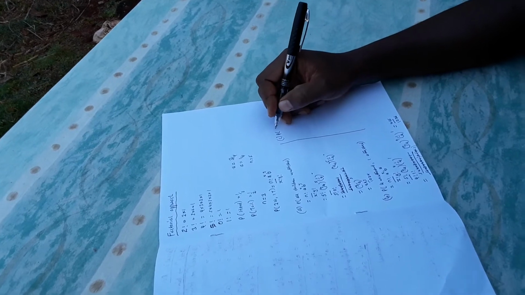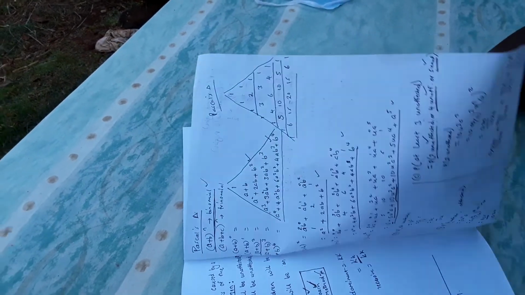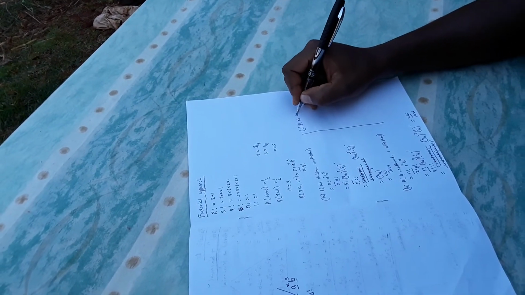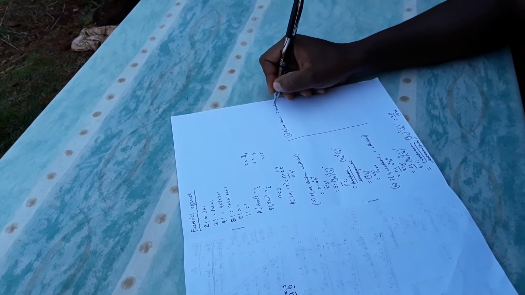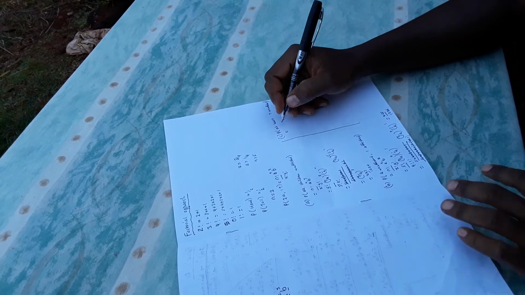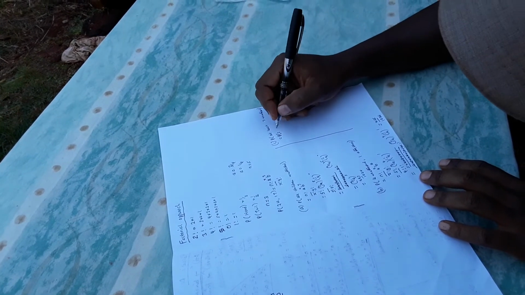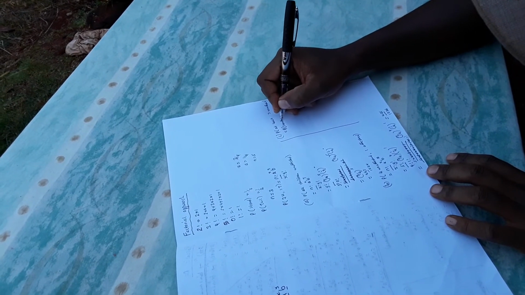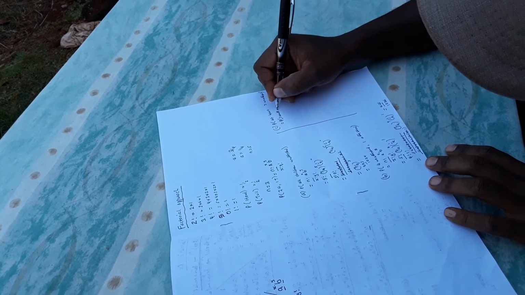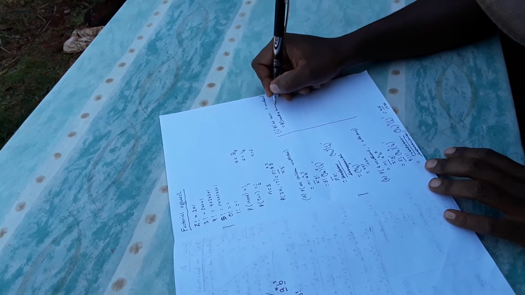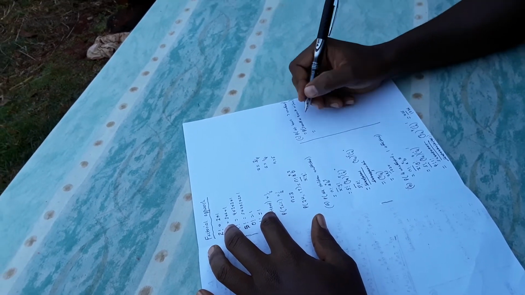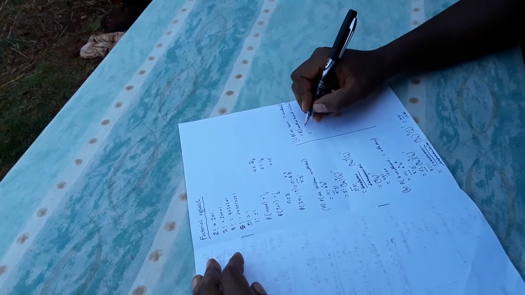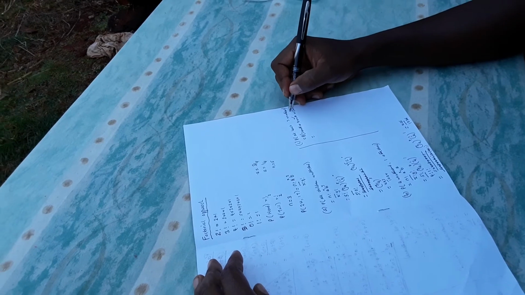Part C, probability of at least 3 children being unaffected. At least 3 unaffected will be equal to probability of 3 being unaffected or 4 being unaffected or 5 being unaffected. We already have this one here and this one.